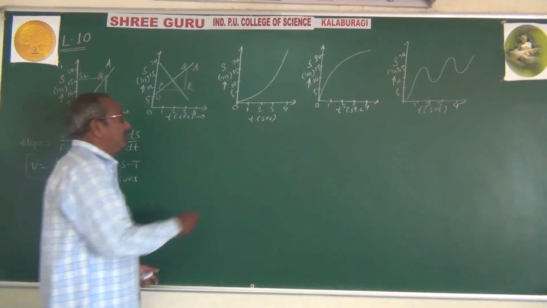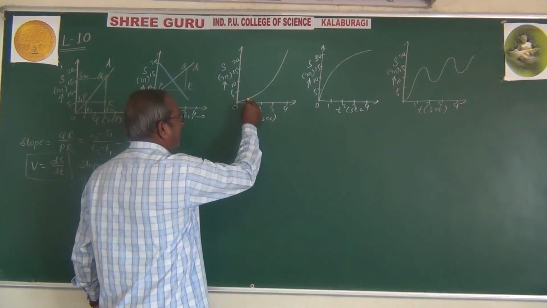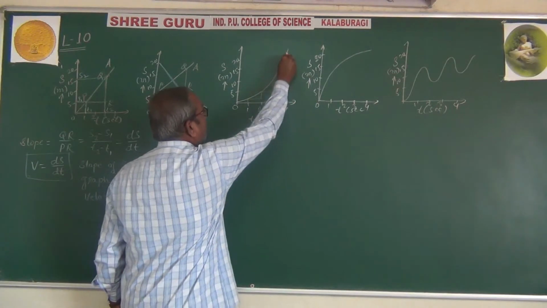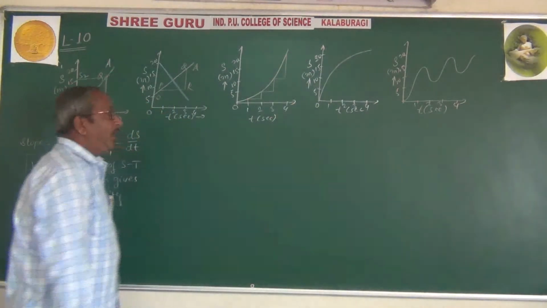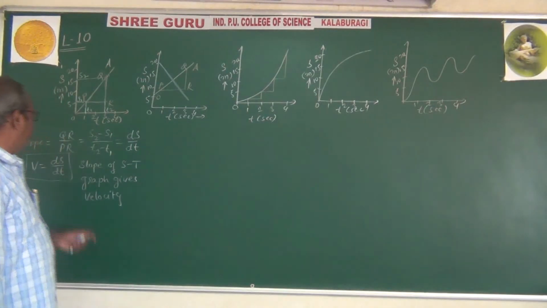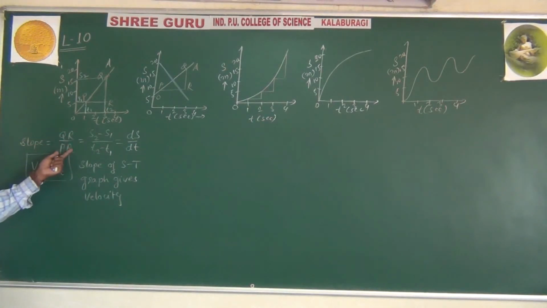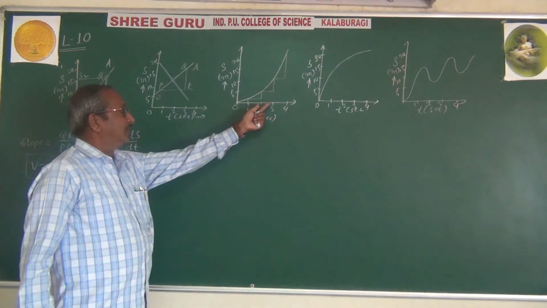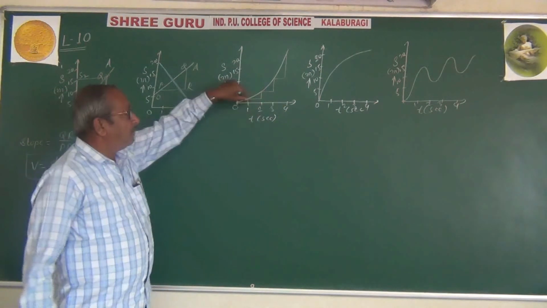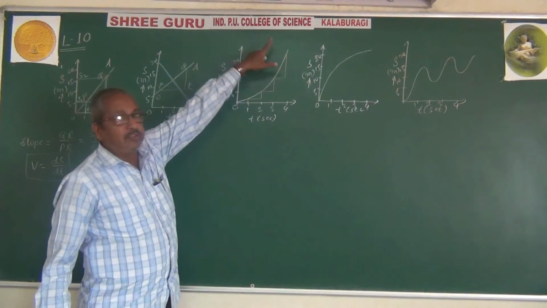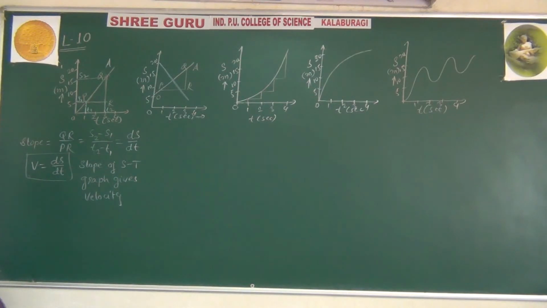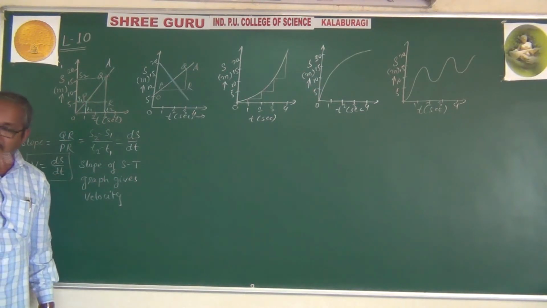Then here, when we find the slope, the time interval is kept constant but the opposite side is increasing. Slope is opposite divided by adjacent; the adjacent is constant but the opposite is increasing, which means the velocity goes on increasing.